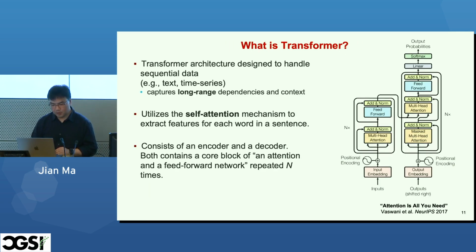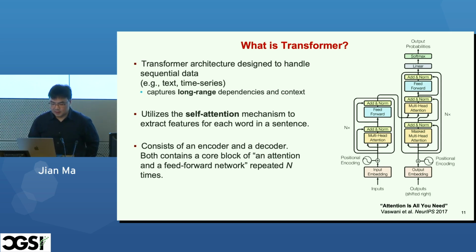So just a little bit more on the structure. What is a transformer? This is really designed to handle sequential data like text or time series data, and it has the advantage of capturing long-range dependencies and context. Like when you have a long sentence, you can model that, and previous models tried to achieve that, but they all have their own limitations in terms of the context they can cover.